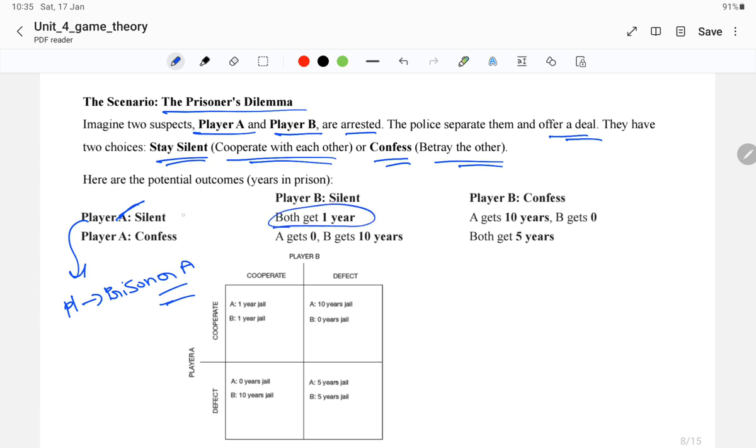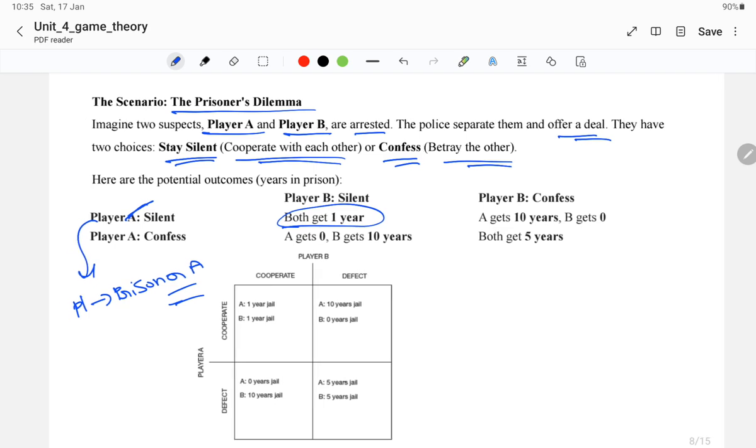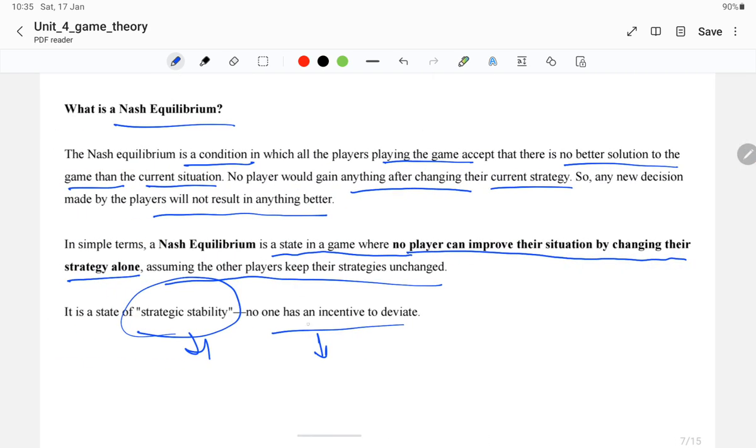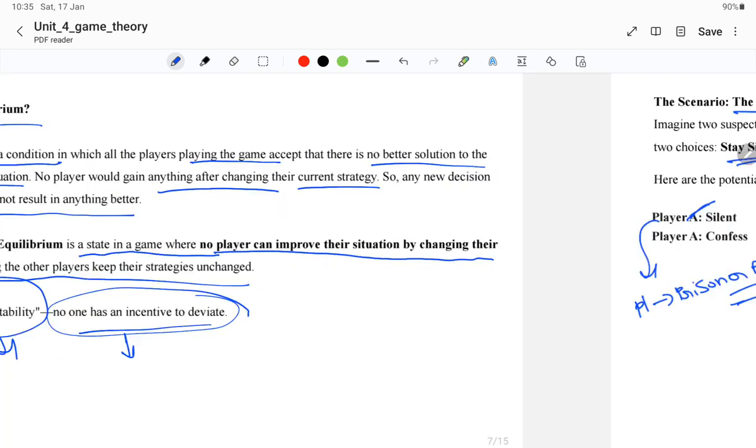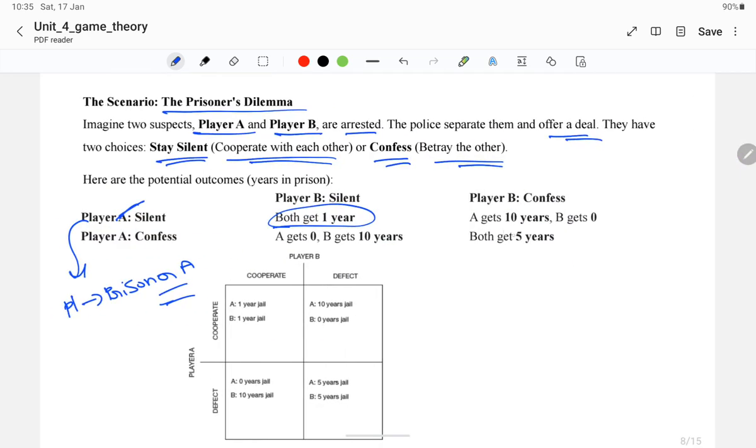If one person is cheating, there is a deviation. Prisoner A stays silent, whereas prisoner B confesses. At that time, A gets 10 years, whereas B gets 0.